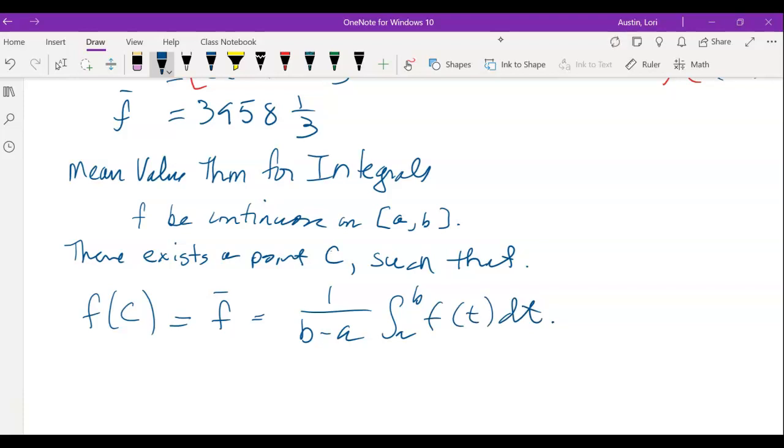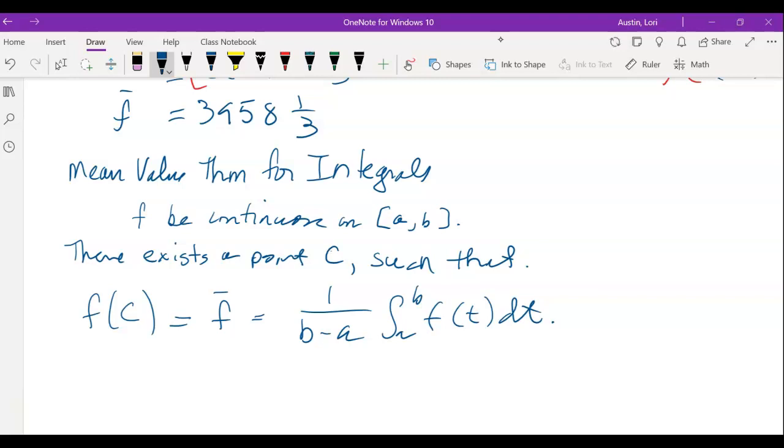Basically, it's saying there's some c value between a and b that is going to be exactly equal to that average. And I'll go back up to the picture in a second. There's some c value between a and b where f of c is the exact average of the function.